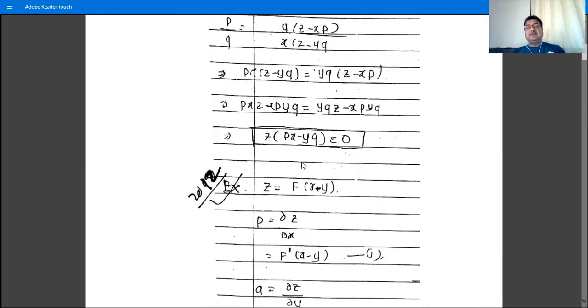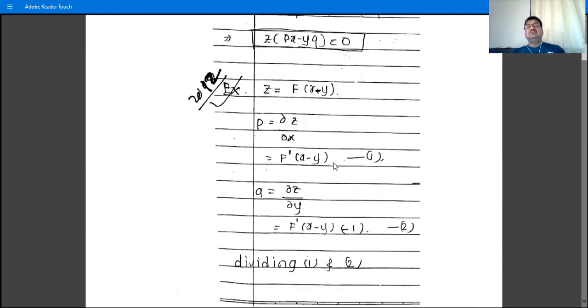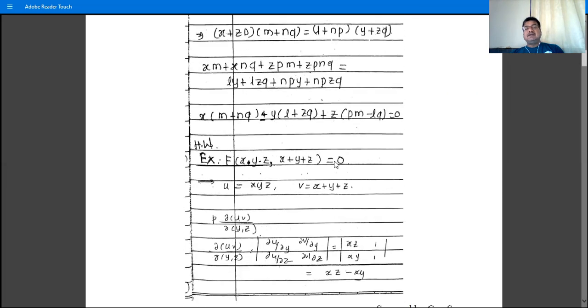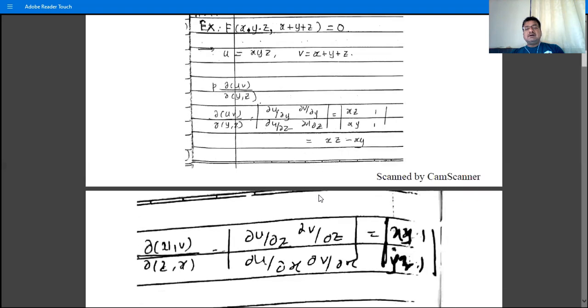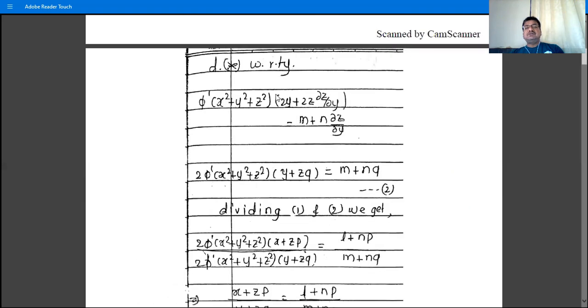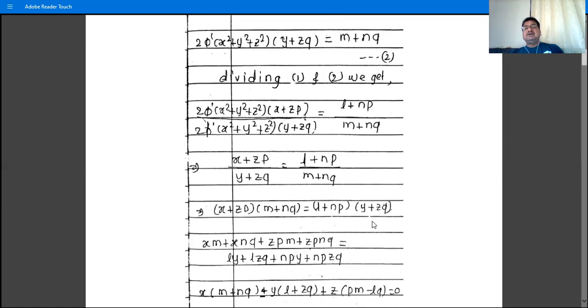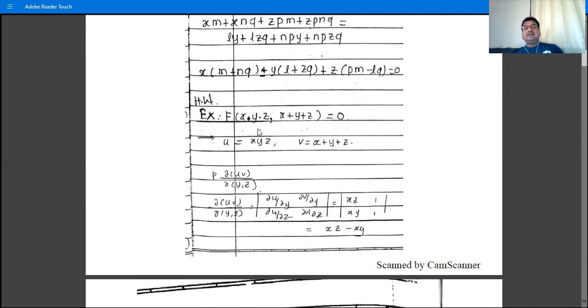And if the problem is of the type z is equal to a function of x, y, z, then use the procedure: differentiate with respect to x, differentiate with respect to y, get equations 1 and 2, and from 1 and 2 eliminate the function f, small f, phi, or capital F. But this is a problem of the type f(u, v) is equal to 0.